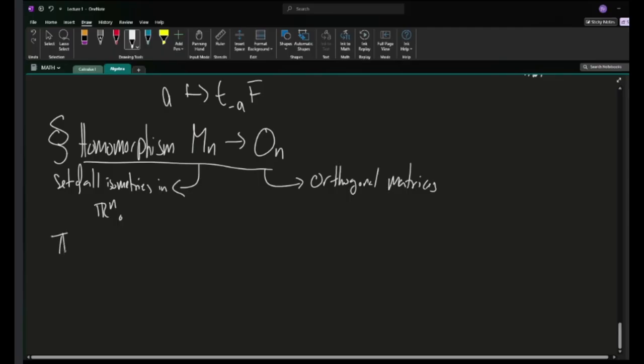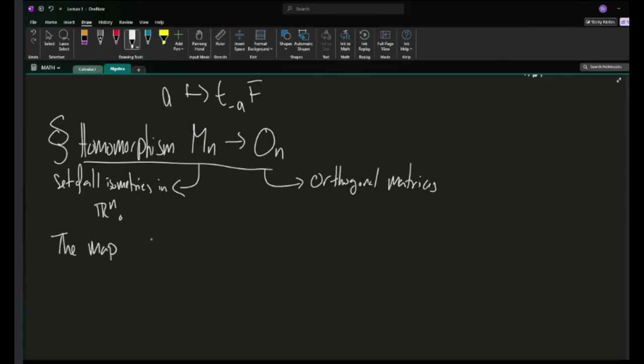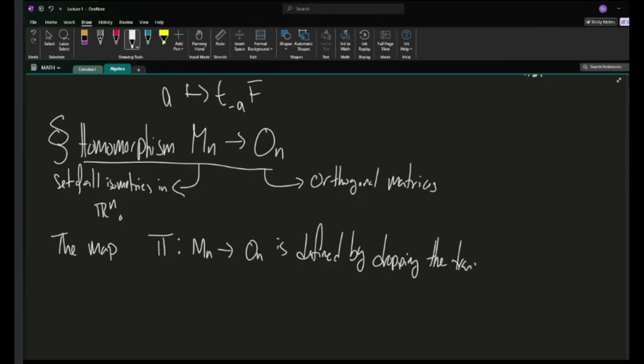So the map pi, which is from M n to O of n, is defined by dropping the translations of an isometry.